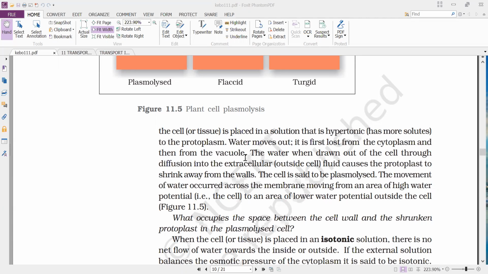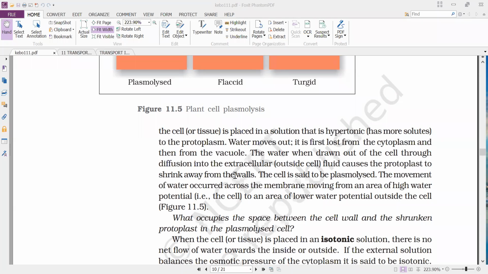The cytoplasm will take water from the vacuole, and that also will gradually undergo exosmosis. So first the cytoplasm loses water, and then it loses water from the vacuole. So the water withdrawn out of the cell through diffusion into the extracellular fluid causes the protoplasm to shrink away from the walls, due to the movement of water out of the cell by exosmosis.